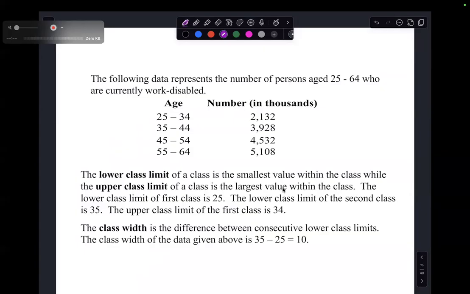It's ages. Sorry, I just lied to you. It is continuous because even though we're using whole numbers, it still is. So my categories are 10 wide because it goes from 25 to 34, 35 to 44. Your class widths always need to be the same. Always the same. Let me move it over a little bit. The same width.